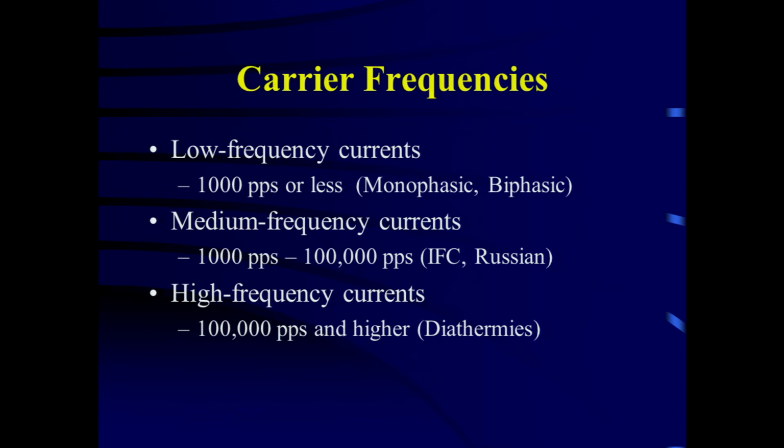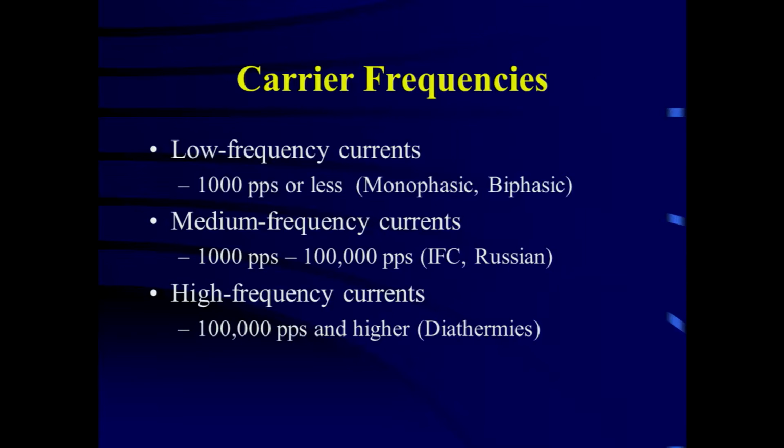So the frequency is 100 pps or less. Remember, at 30 hertz and below we perceive it more. Above 30 hertz we don't perceive much, so we can make a choice there. I guess the first one must be 100 to 1000.